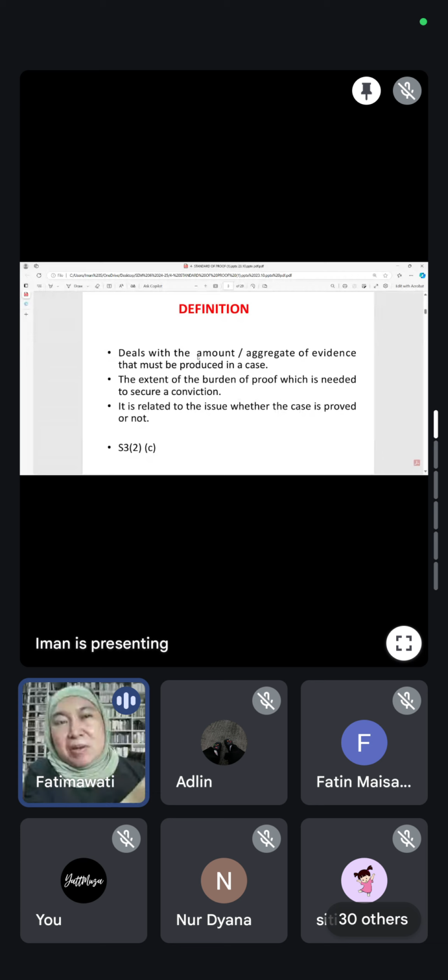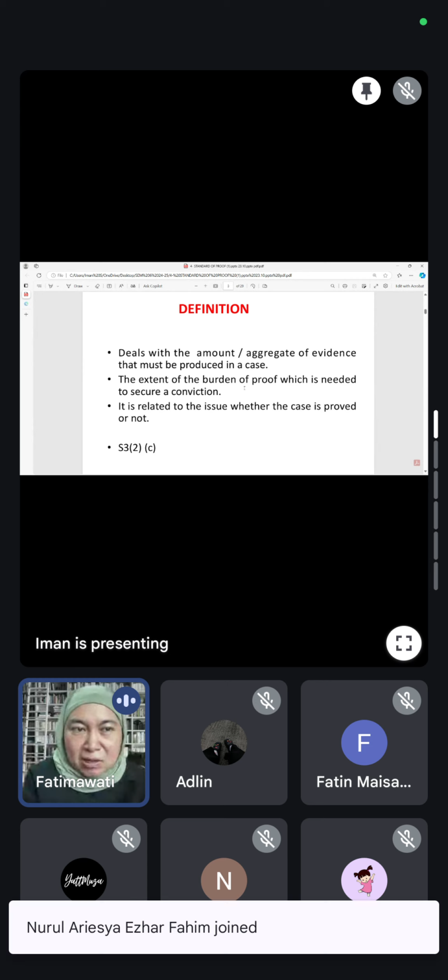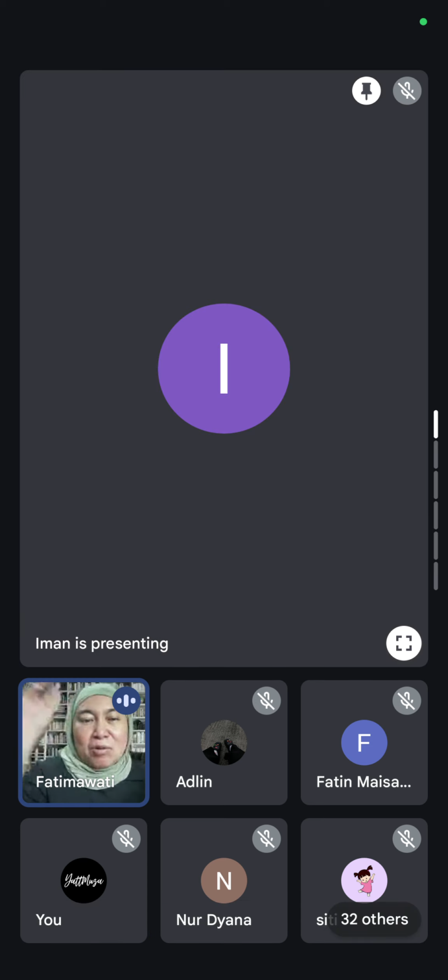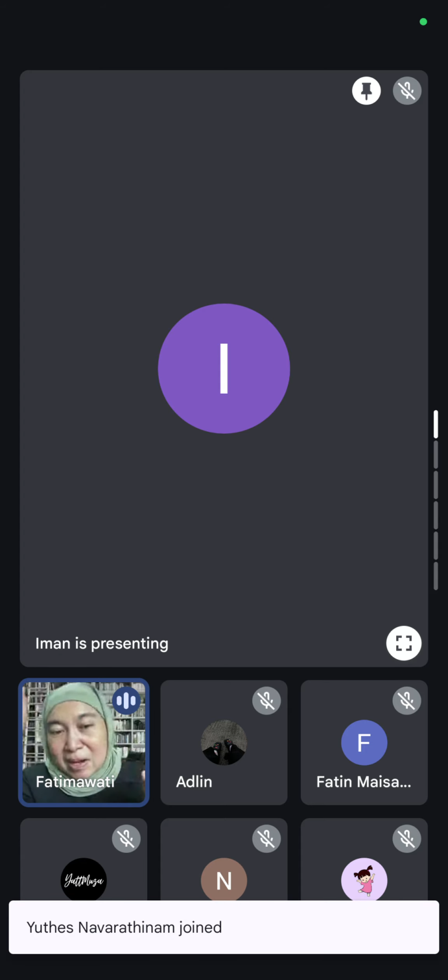Okay, kalau dekat criminal case, kalau dekat civil, is beyond reasonable doubt, you know, sampai dia menimbulkan a reasonable doubt. Okay, kalau dalam Islam macam mana, dalam syariah macam mana? Kalau macam kes murder, kes bunuh dekat dalam syariah kan, dia punya doubt tu kena beyond a shadow of doubt, kena tahap yakin, 100% there is no doubt at all, then only you can convict the person. So dia punya beza dia lah.